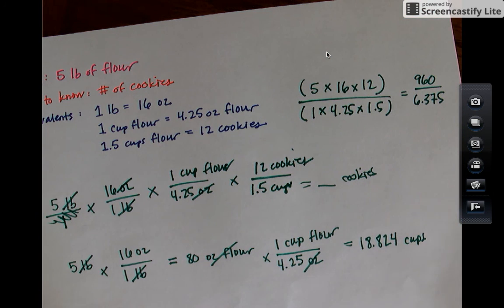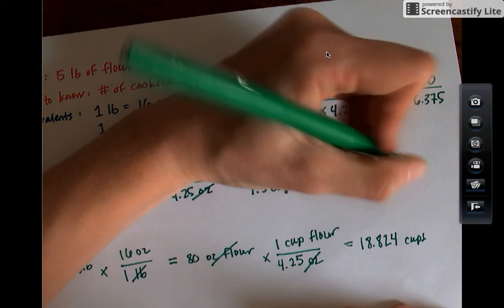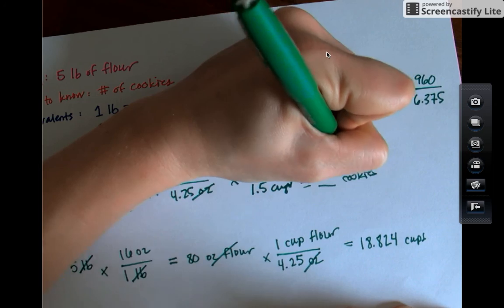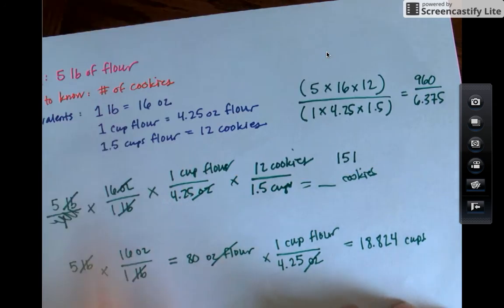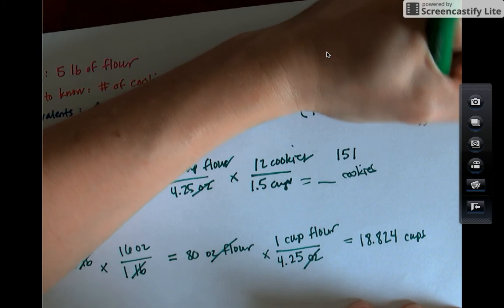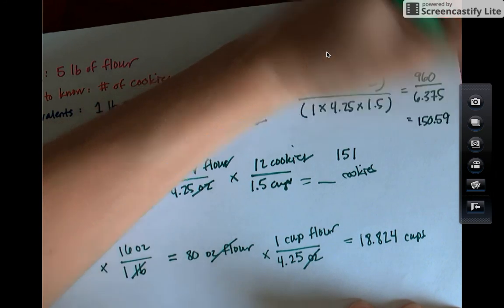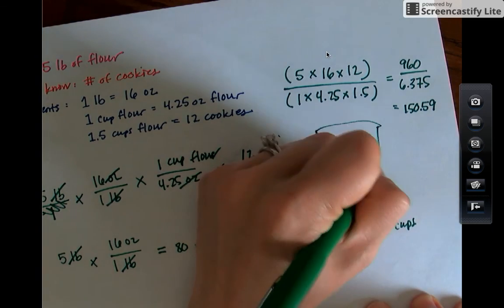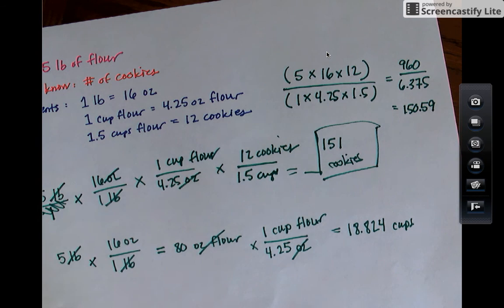So 960 divided by 6.375 is, you can make about 151 cookies if you round up, because it works out to be 150.59. So we can round up to about 151 cookies. So that is our answer to that problem.